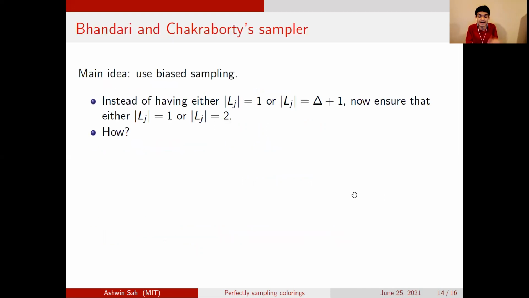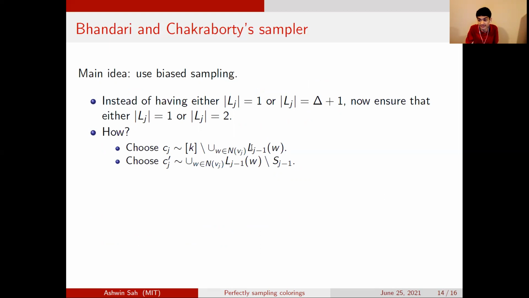So I'll just describe how they do an update once, let's say, we already know that the lists are size 1 and 2, how they perform the next update. What they do is they choose a uniformly random color that is not in the union of the lists. And they choose a uniformly random color that is in the union of the lists, let's say removing the singleton colors again, because we can always ignore them.